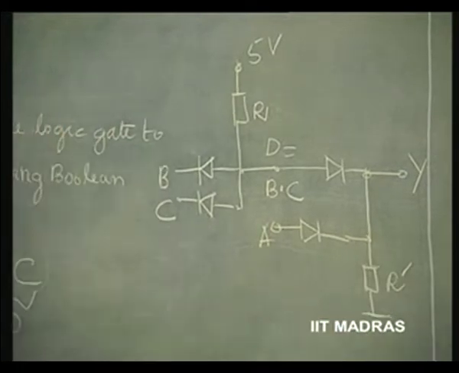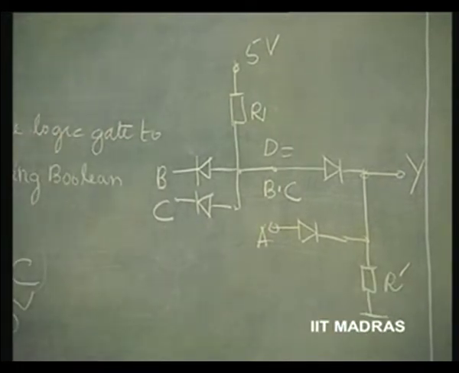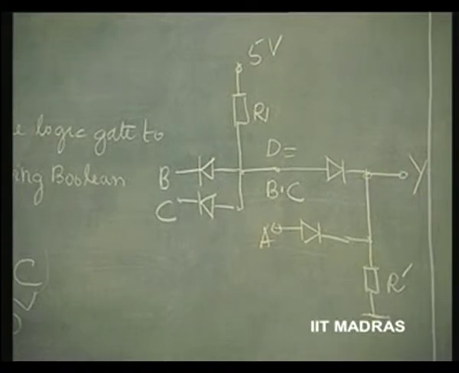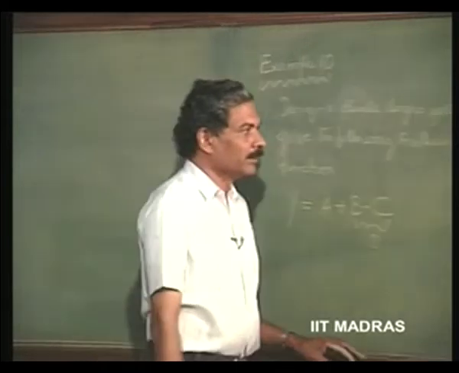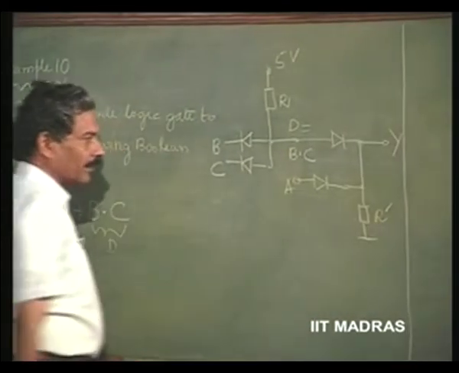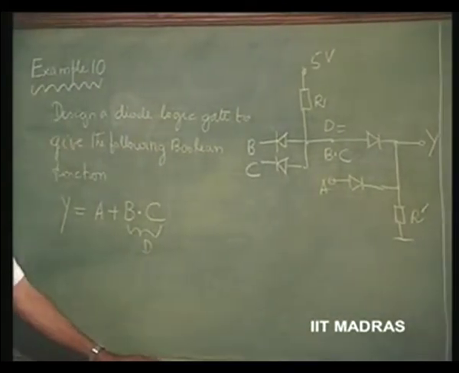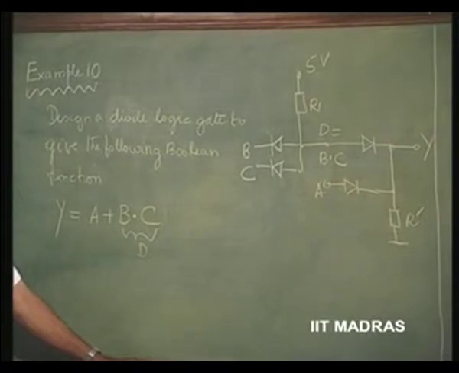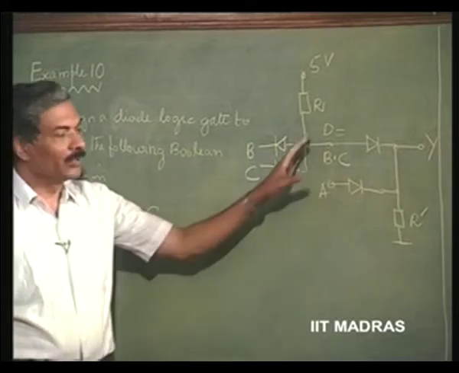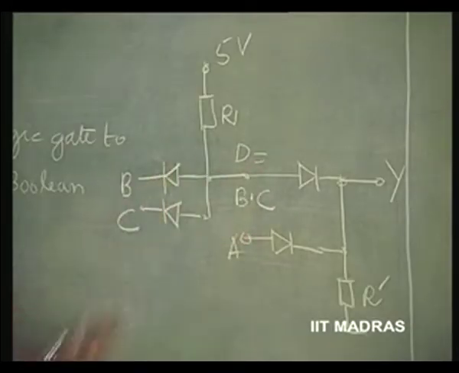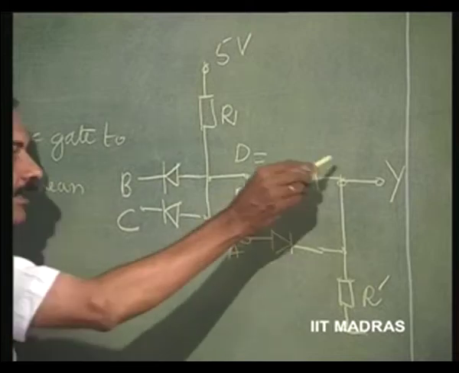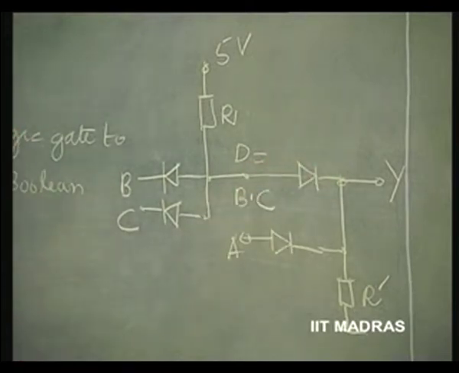Let us call this R dash. It is important that this R dash has to be pretty high, so that it does not load this circuit, so that this logic level does not deteriorate.